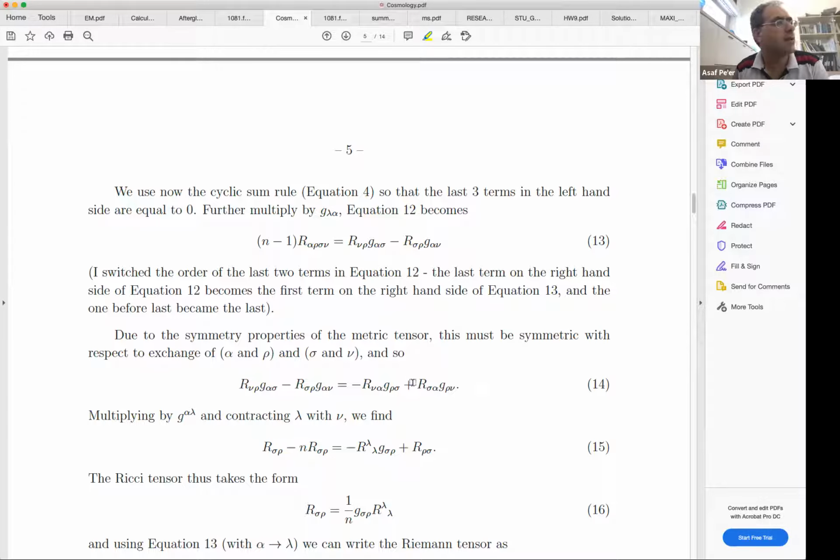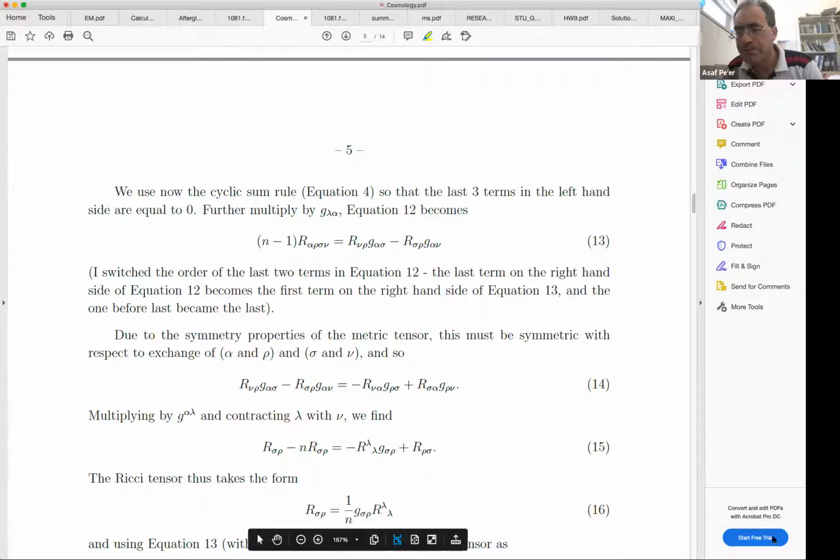And then the last term again is R sigma sigma alpha times G alpha lambda. So again, contracting with lambda and nu, then it will be a delta alpha rho. So I end up with an R rho sigma.